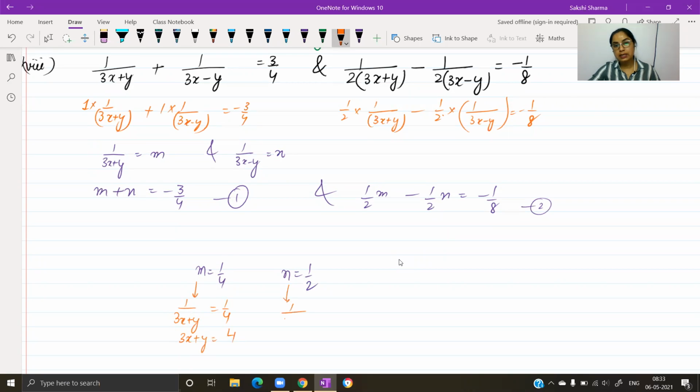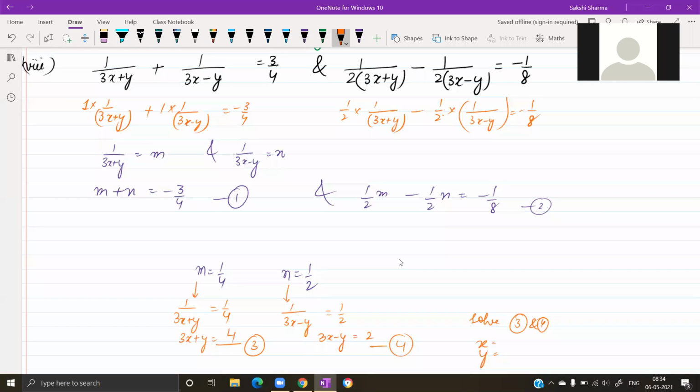N is representing 1 over 3x minus y. The new linear equation is 3x minus y equals 2. So you have to solve the pair of equations 3 and 4 and obtain x and y. Both are 1.